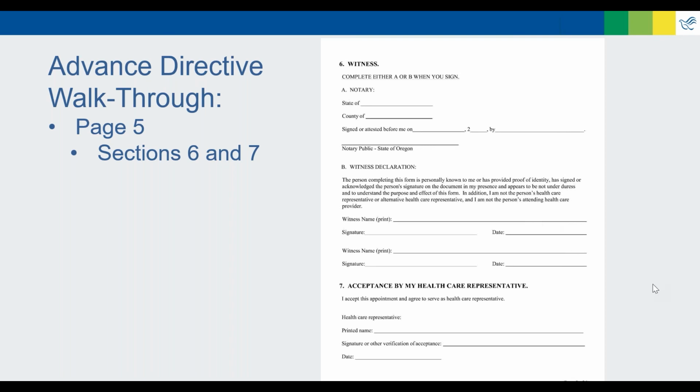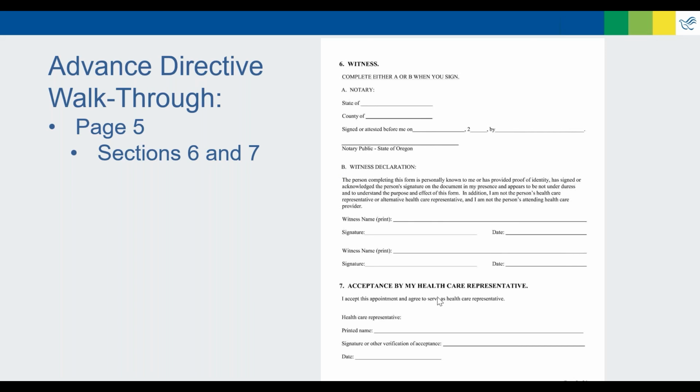And the witnesses are attesting in both cases to your identity, that you are who you say you are, and that you are signing this form without being under any duress. And that's section 6. You would sign in front of them. They would sign that they've witnessed your signature and that you're who you say you are, making these choices freely.